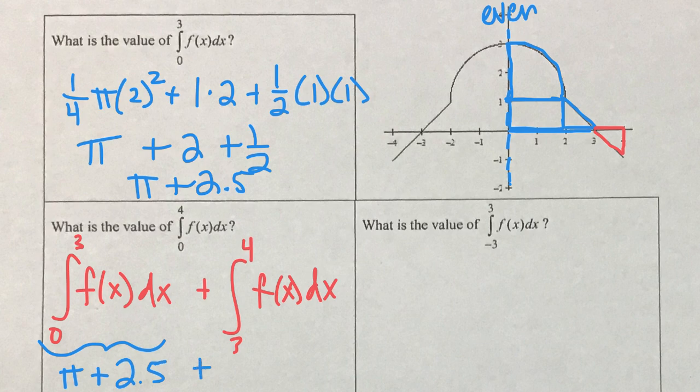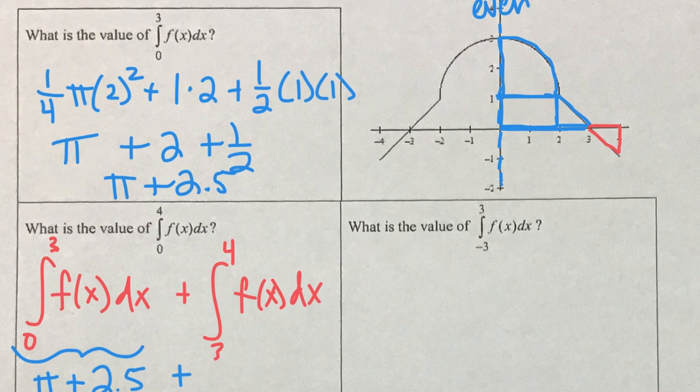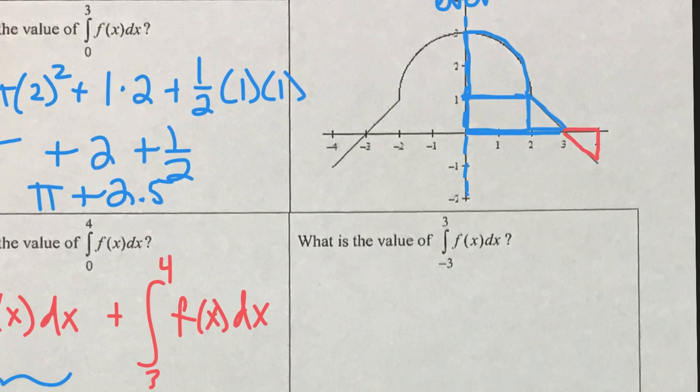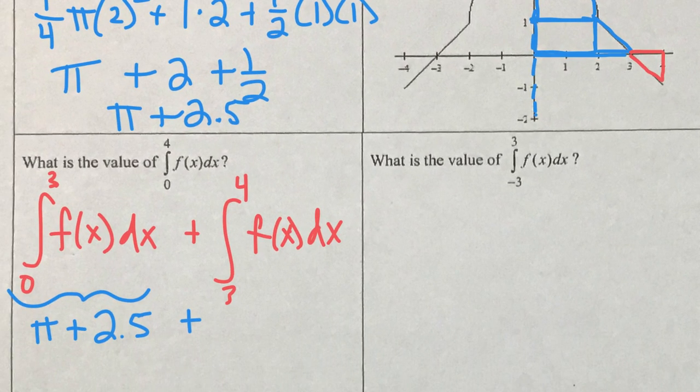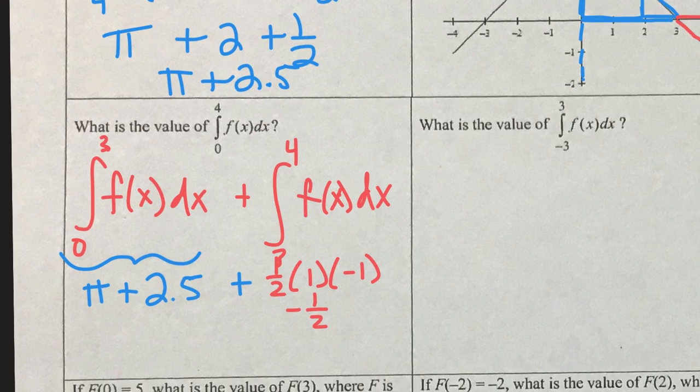So we have to find the area underneath the curve from 3 to 4. This one is another triangle, so 1/2 of the base of 1 and the height of -1 because it goes down. In other words, we're going to have a -1/2 area that we add to our 2.5, and we have an area of pi plus 2 if we take the area from 0 to 4.